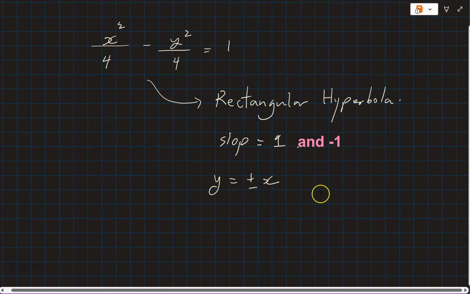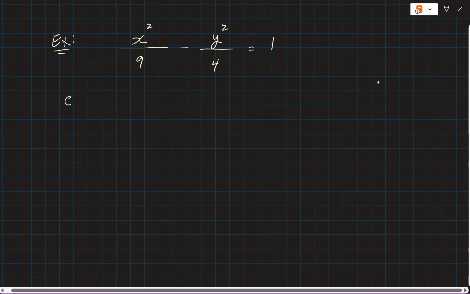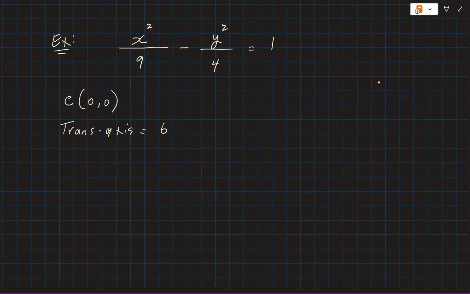All right, now let's do a couple of examples. So let's start with the easy one. We have this hyperbola. Now we're going to write up all the information that we need. Notice that h and k are 0. So the center is 0, 0. Now the length of the transverse axis is equal to 6 because 9 is 3 squared.